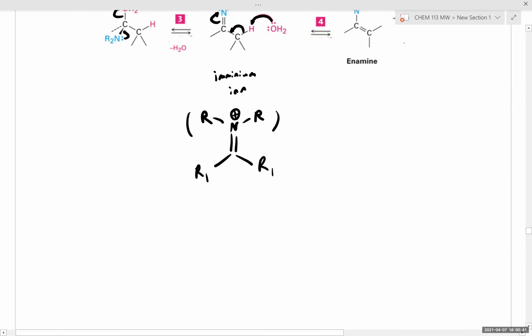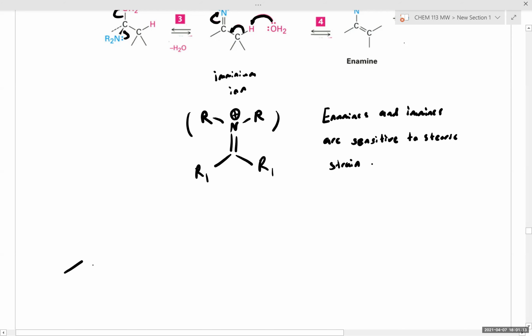And the reason why I'm talking about this is I really want to introduce this idea that enamines and imines are sensitive to steric strain. Now you may say, how is this useful?